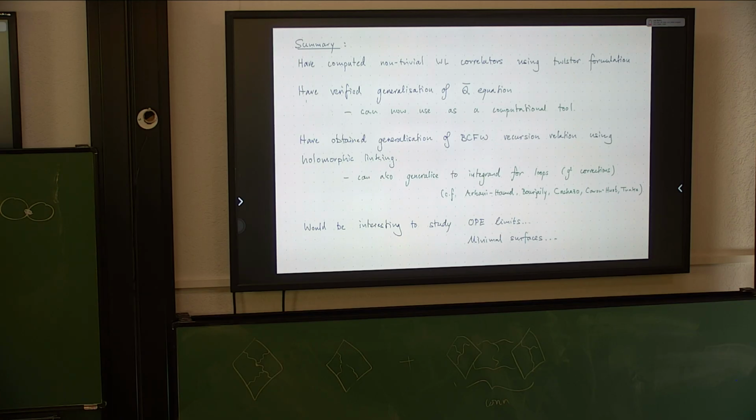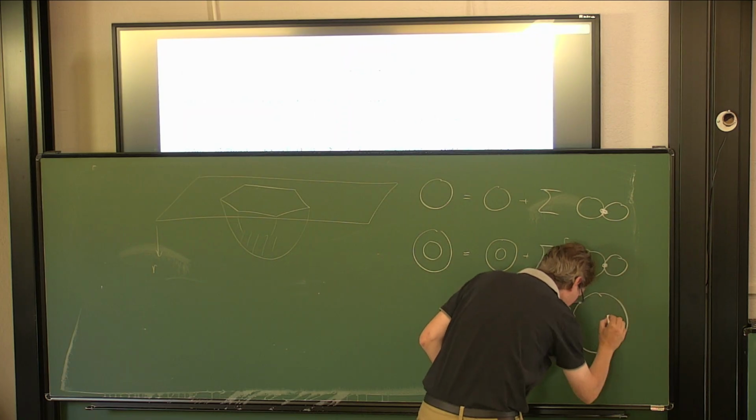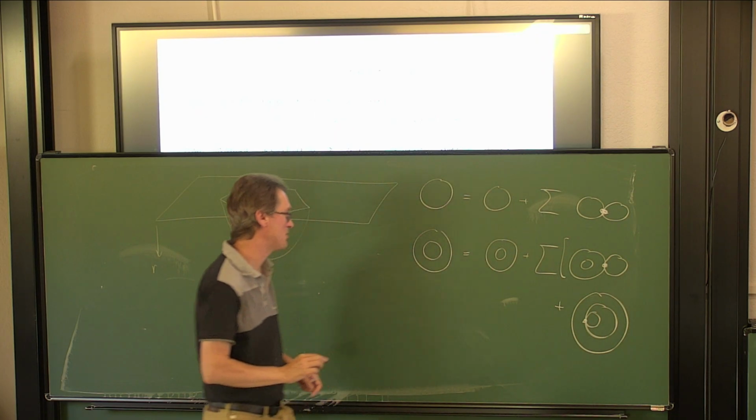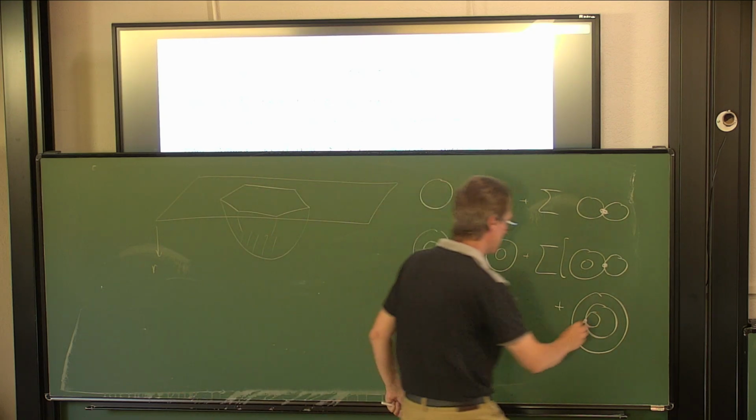So this object is something more like an annulus, right, because it has 2 boundaries, if you have 2 Wilson loops. And then what you get is, okay, you get a boundary term, and then you get a sum over terms that look like this, where you glue another disk on. That was 1 boundary. You also get terms that look like this, where you glue a disk on the other boundary, and you obtain 2 annulus terms like this.